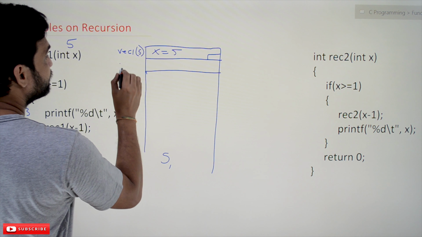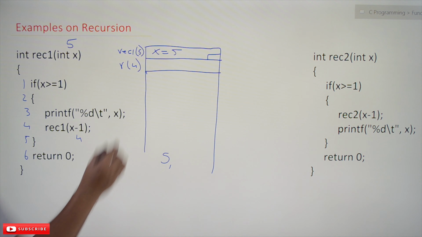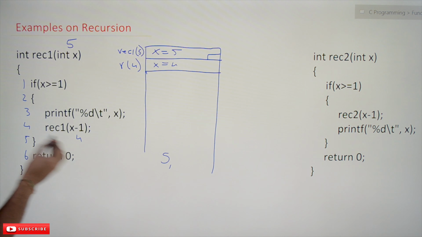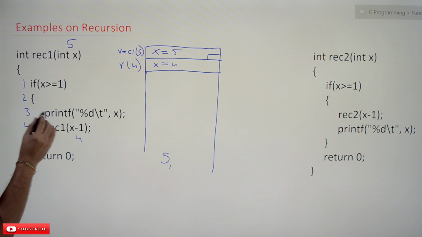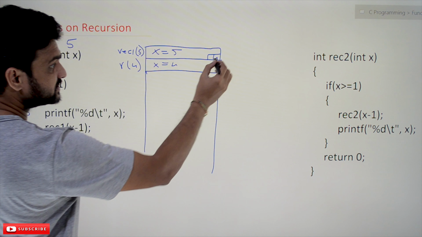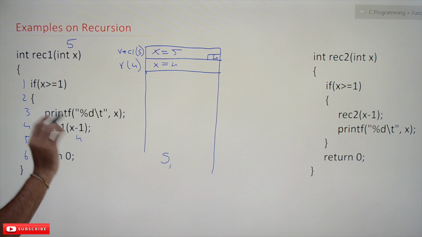Now with r equal to 4, take it as r for simplicity, x is equal to 4. Here the instruction pointer shows this line has been executed and here the function call has been made; whenever we come back, we have to execute from the fifth line. That is very important.